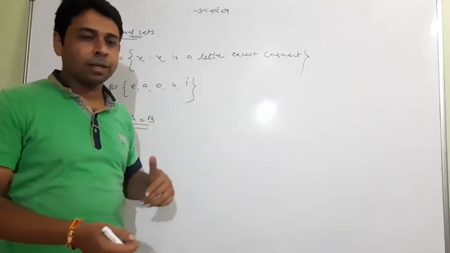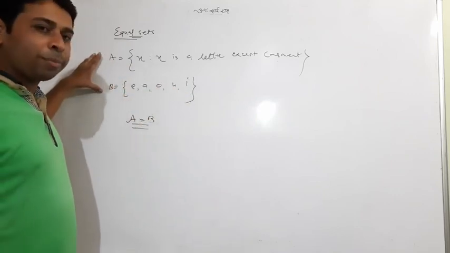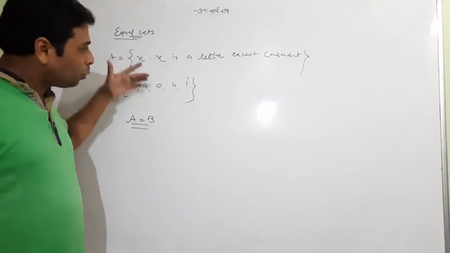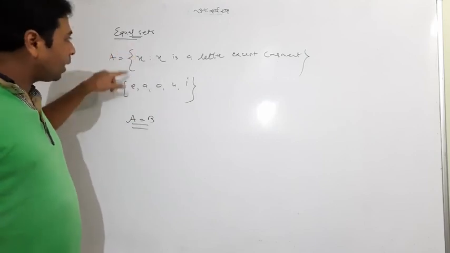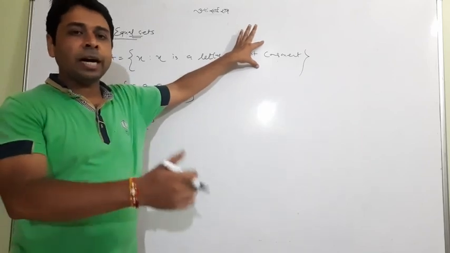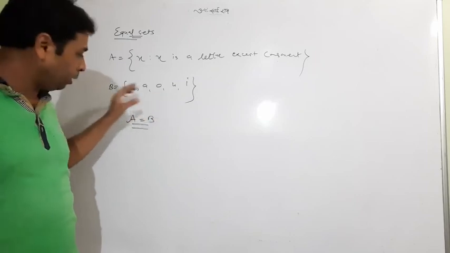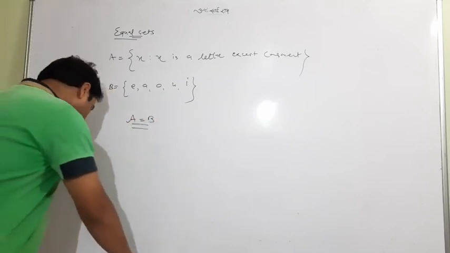Only vowels, a, e, i, o, u. And if I ask you the nature of A and B, they will be equal. When you try this kind of set, you will find its roster form. You will definitely get a, e, i, o, u, and this is again a, e, i, o, u. Order is not important; both will be the same. Okay, this is an equal set.